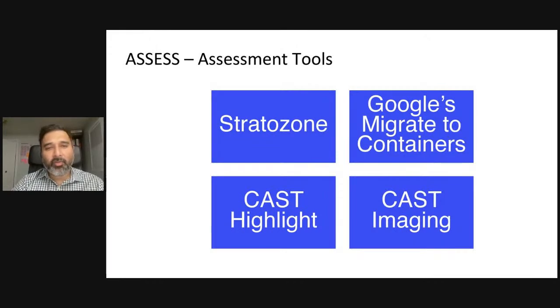And so just a quick FYI, Google has a very interesting approach to automated discovery and assessment. They actually acquired a company called Stratazone in 2020, and this becomes sort of Google's answer to performing automated discovery and assessment for your IT assets, right? So basically all Stratazone is, it's just a virtual appliance, and then you install it in your data center.